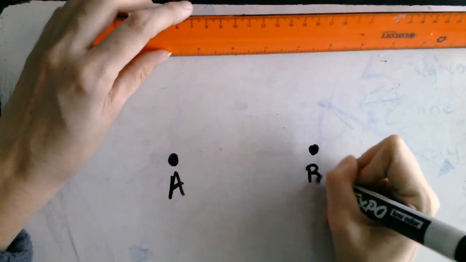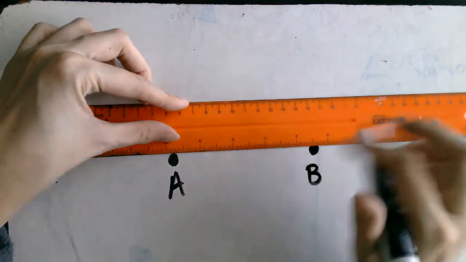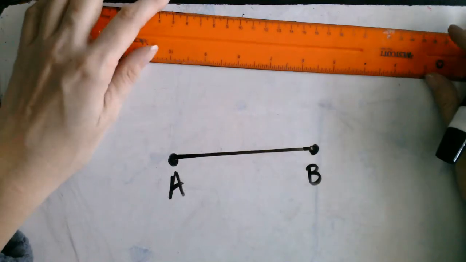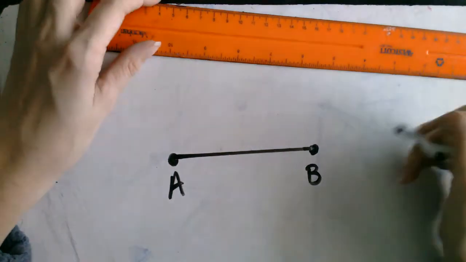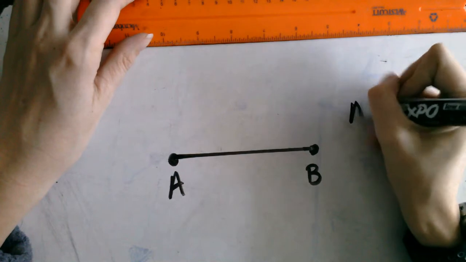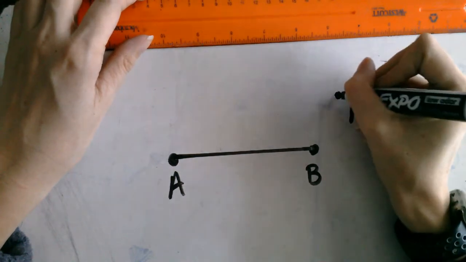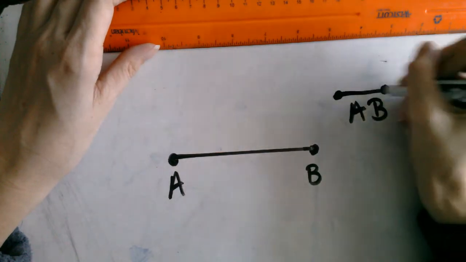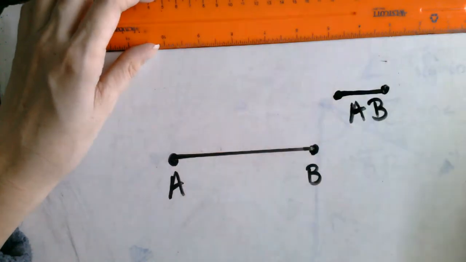We'll stick with A, B for now. I'm going to draw a line segment. Write the answer or symbol on your board for this. To show a line segment, you would write the 2 letters, and above it, you would redraw a small line segment. So there would be 2 dots and a line going between them.